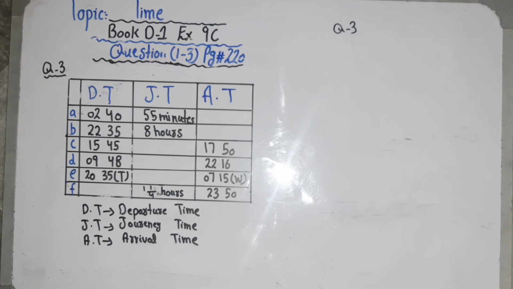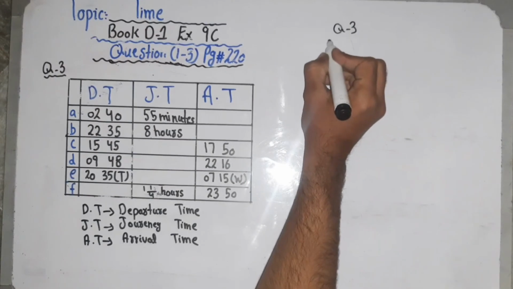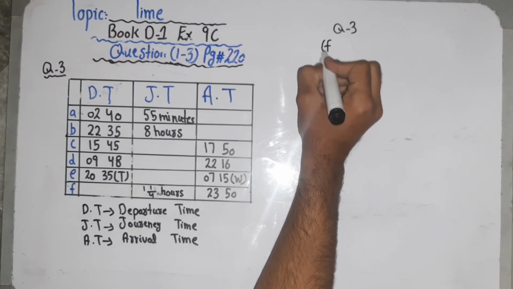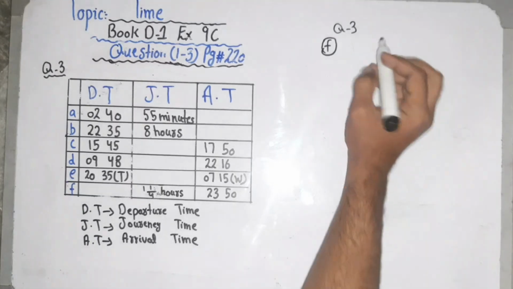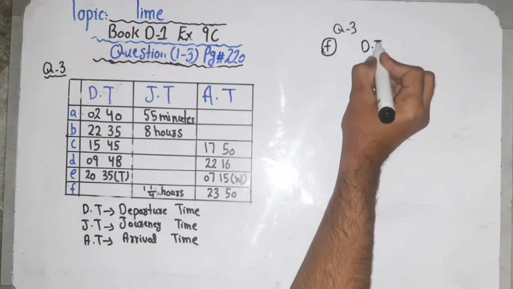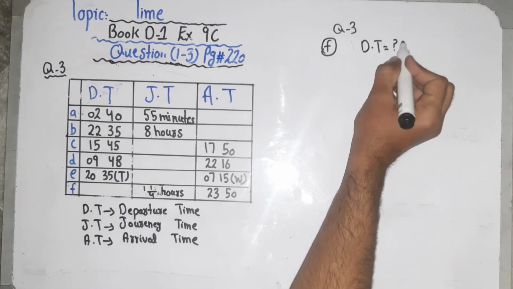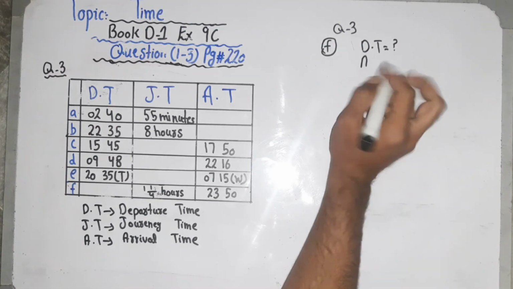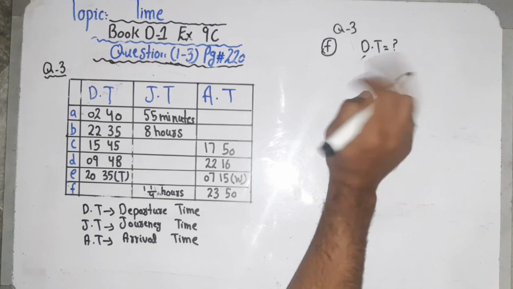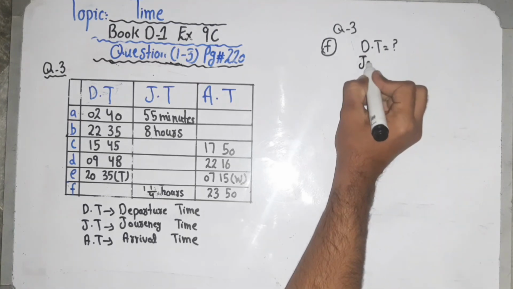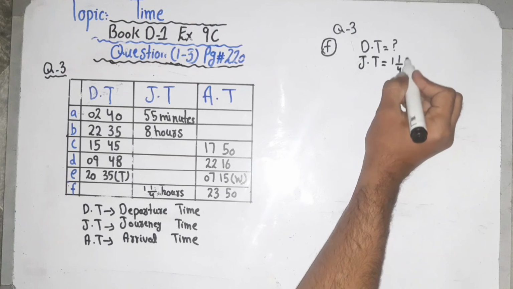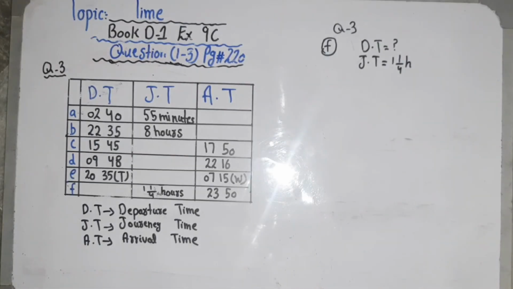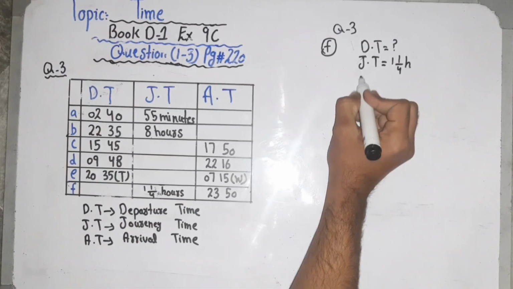So now in part F we have departure. We don't have departure time, we have to find departure time. We have journey time, that is 1 whole 1 over 4 hours, and we also have arrival time.